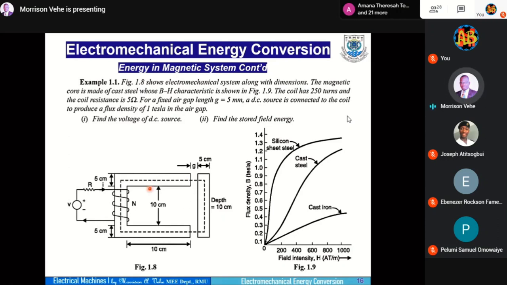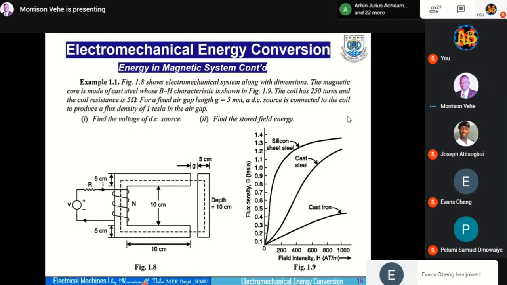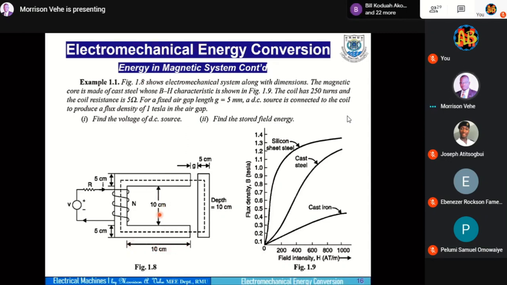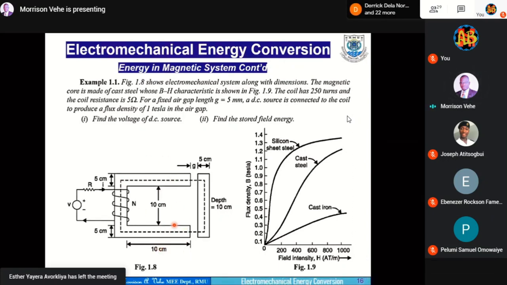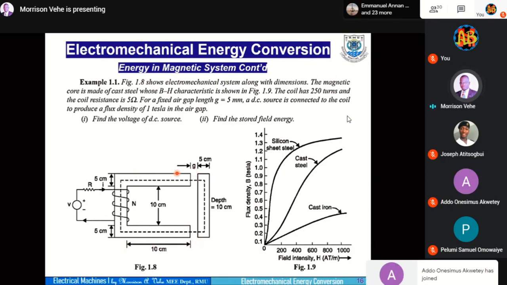It's very important to pay attention to the dimensions, okay, so that basically you're going to have 10 centimeters as far as the depth is concerned, and then the length here is 10 centimeters, which, for your knowledge in engineering drawing, you would realize that this is 10 centimeters, and it's also expected that when you measure here, you also get 10 centimeters.